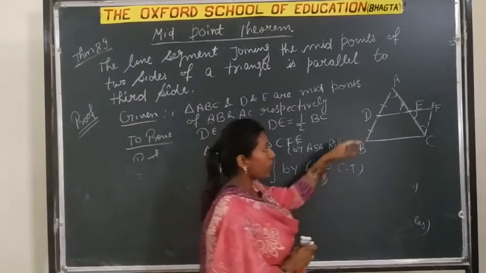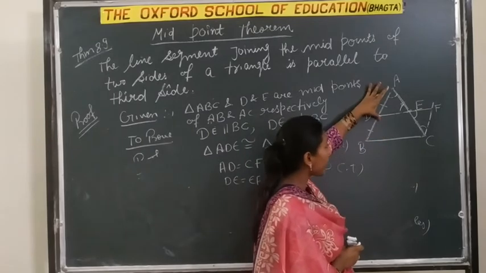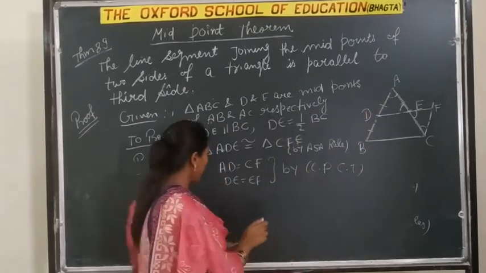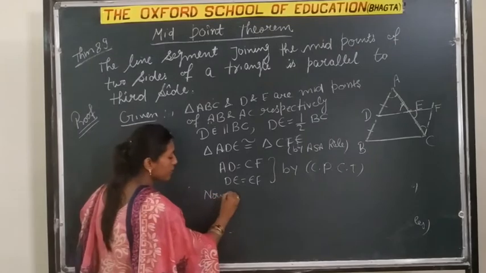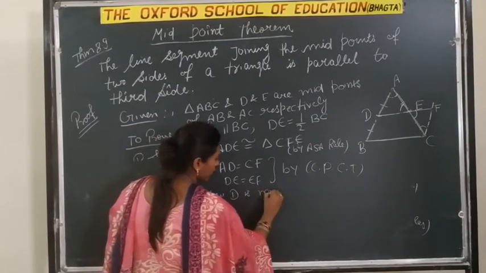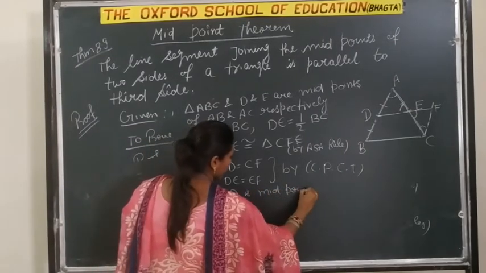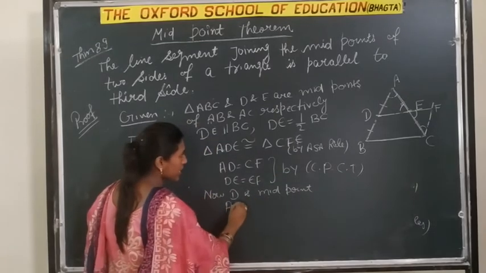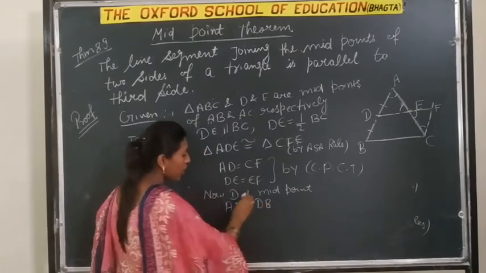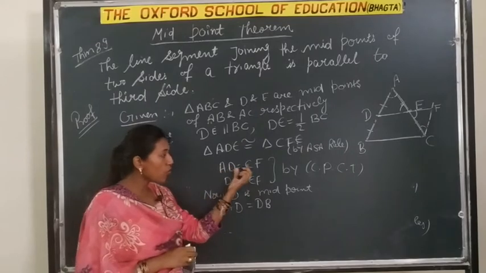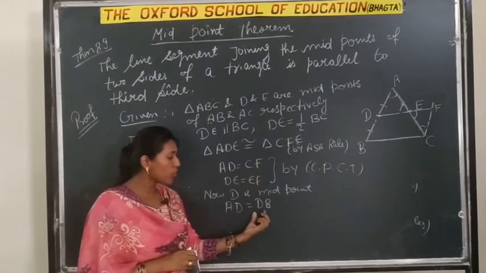But now we have this midpoint. D is the midpoint, so AD is equal to DB. So AD is also equal to CF and AD is also equal to DB.